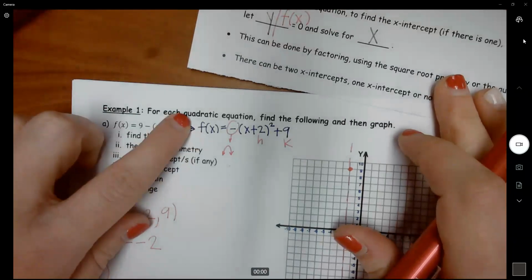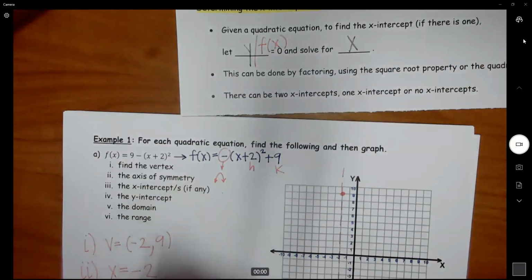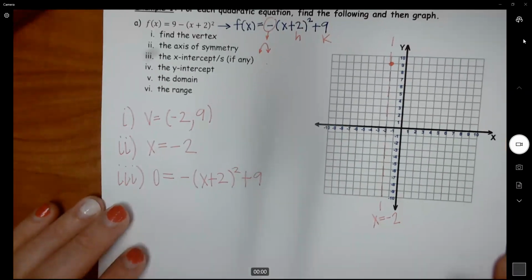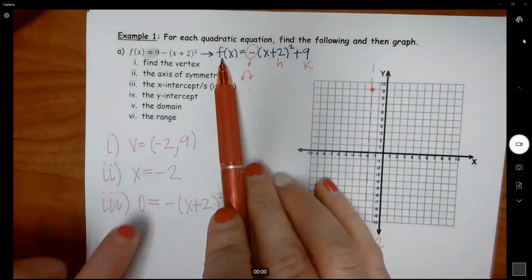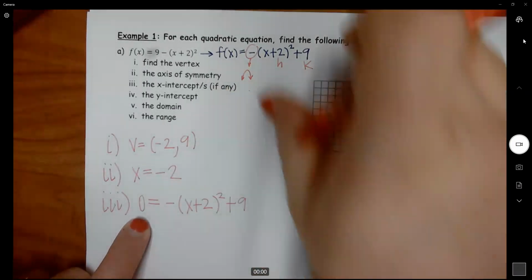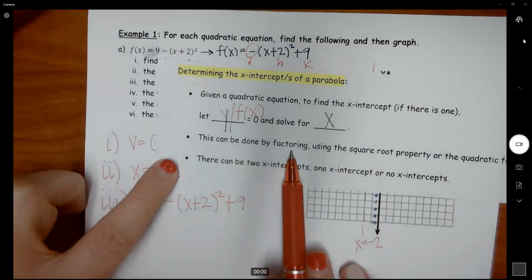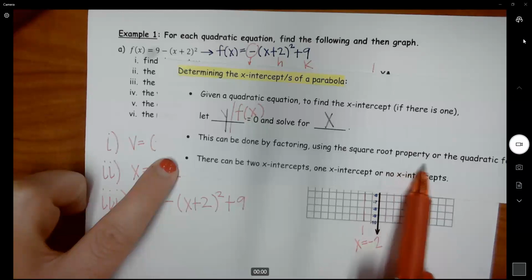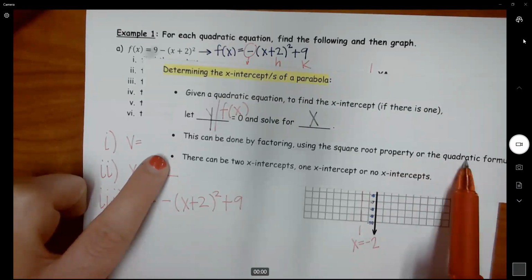So in this one here, I'm going to do f of x, or 0, equals, and then my equation. I rewrote this, but instead of f of x, I have 0 equals. And now we're going to solve by factoring, square root property or method, or the quadratic formula.